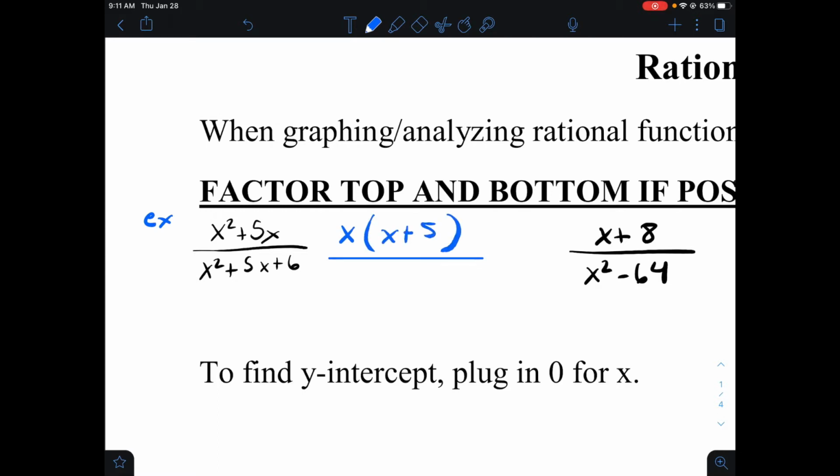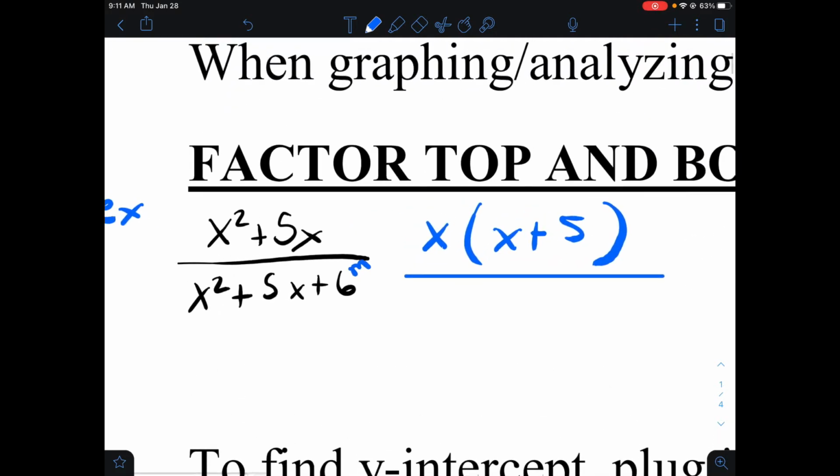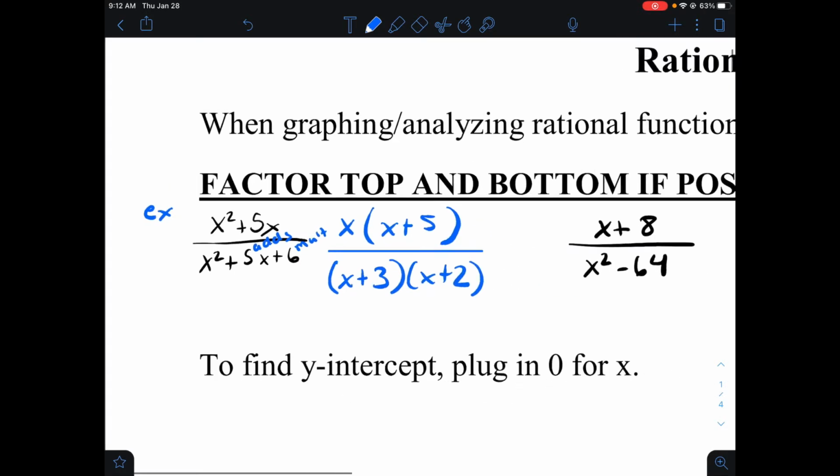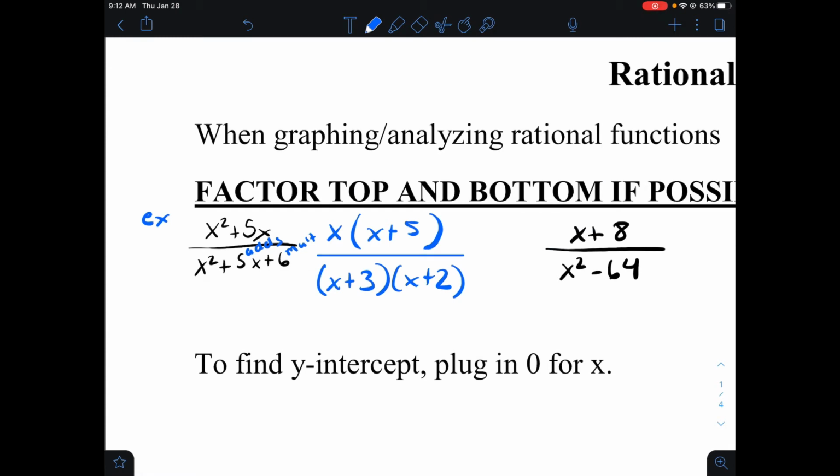On the bottom, we've got a trinomial, so we need to figure out what multiplies to give us a 6 and adds to give us a 5. That is going to be x plus 3 and x plus 2. So for this first example, that is how you would factor it. It's going to make things a lot easier down the line.